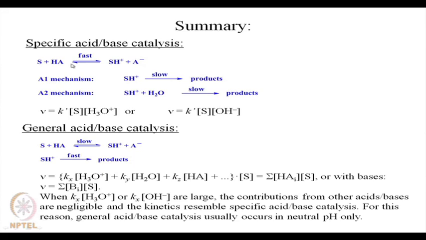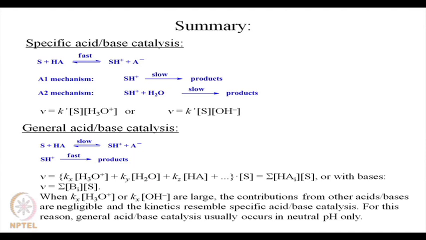For specific acid or specific base catalysis, the velocity of the process has this kind of expression, where velocity is proportional to H3O plus, or velocity is proportional to OH minus. That means it has a direct dependence on acid concentration or base concentration. Thus it is specific acid or specific base catalysis.